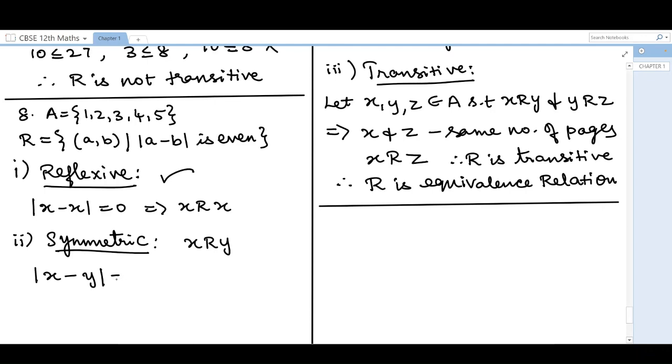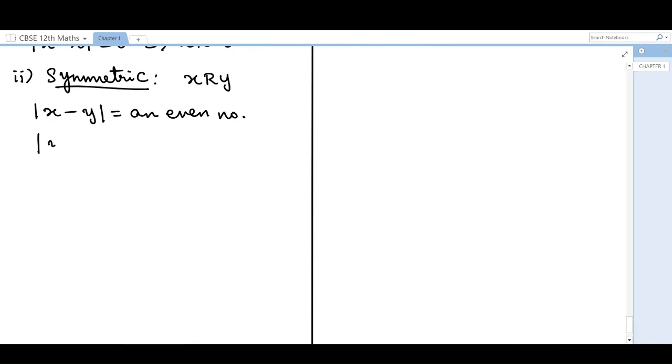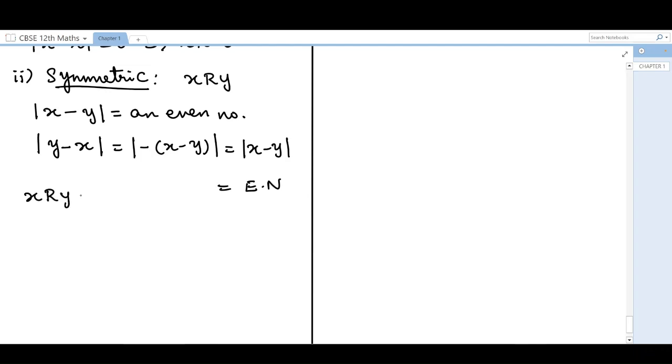Then we have to prove the absolute value of the difference y minus x is an even number, but this can be rewritten as the absolute value of minus (x minus y). So again we can rewrite this like this. So this is equal to an even number, right? Thus we have verified x related to y implies y related to x. Therefore the relation R is symmetric.